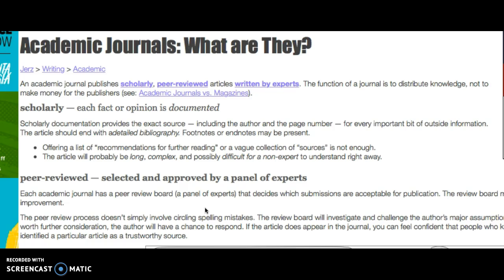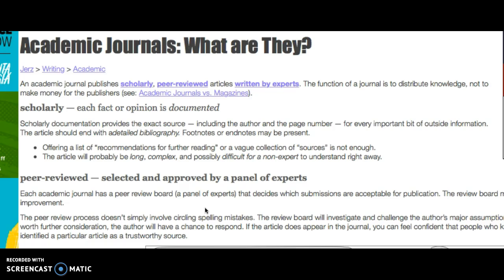And so there are academic journals for almost every field of study. Probably on the news you've heard maybe a report about some kind of new science experiment or medical experiment where they're reporting in the Journal of American Medicine or something like that is how they'll start off the report. And that is a journal specifically related to whatever medical field, and they will publish the results of their experiments and their findings in these journals.